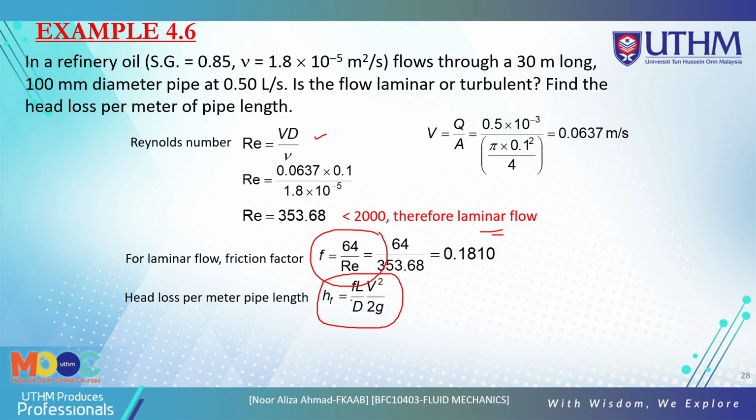Put all the values here and you get HF is 3.74 times 10 power of -4 meter, the head loss in the pipe.